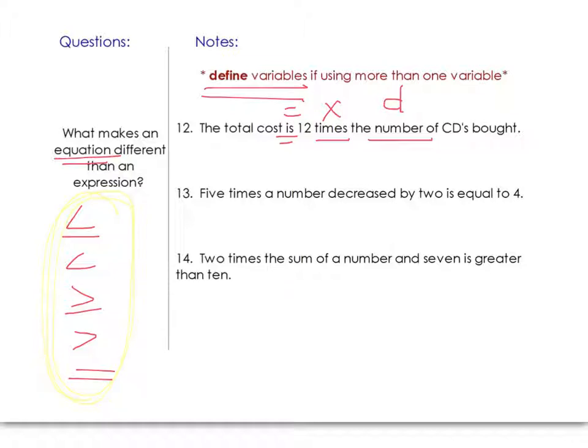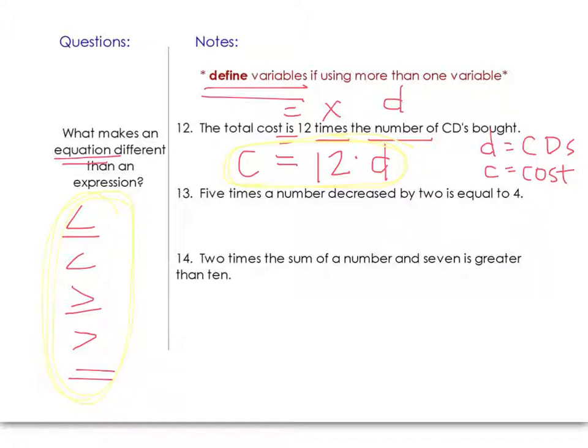And total cost, I'm going to write as C. So C is 12 times the number of CDs. And you can say D equals CDs and C equals cost. That's all you got to do for this problem. This is the final answer. The total cost is 12 times the number of CDs.